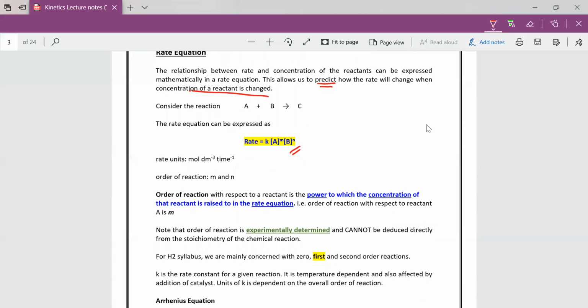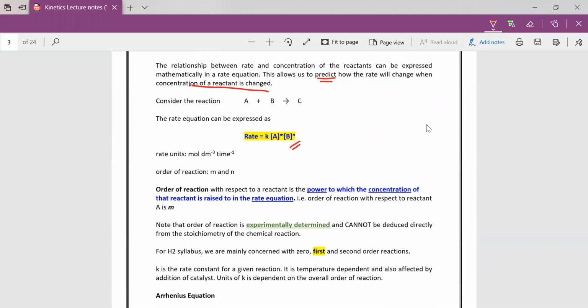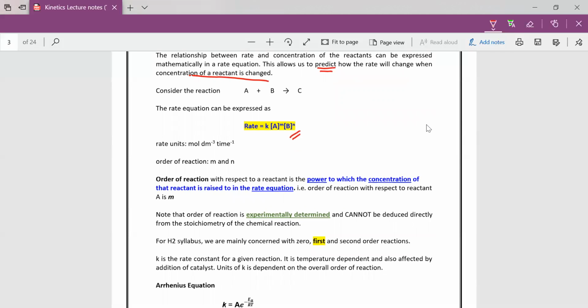The order of reaction with respect to a reactant is the power to which the concentration of that reactant is raised in the rate equation. Also note that this order we can only determine experimentally. It cannot be deduced directly from the balanced chemical equation. For the H2 syllabus, we are mainly concerned with zero, first and second order reactions.